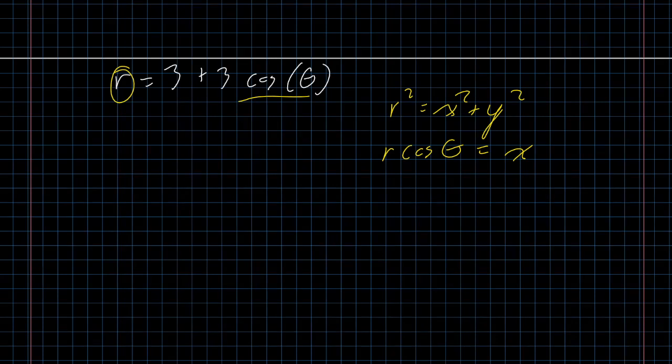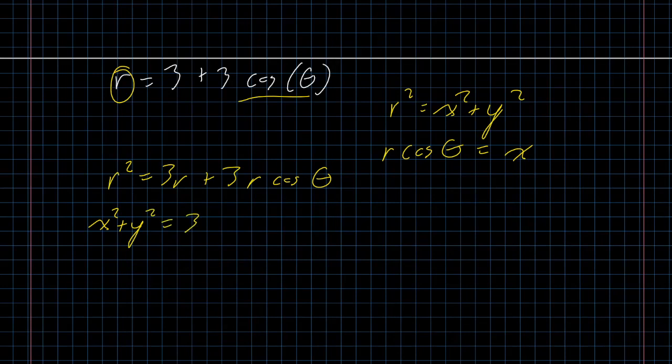So it seems to me that the easiest thing to do is going to be actually introduce more r. I'm going to multiply both sides of this equation by r, because then I can replace the r squared on the left-hand side with x squared plus y squared.